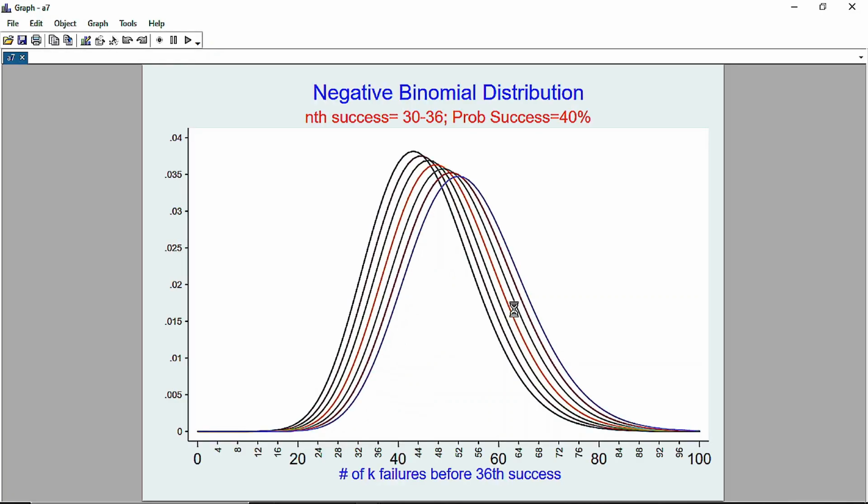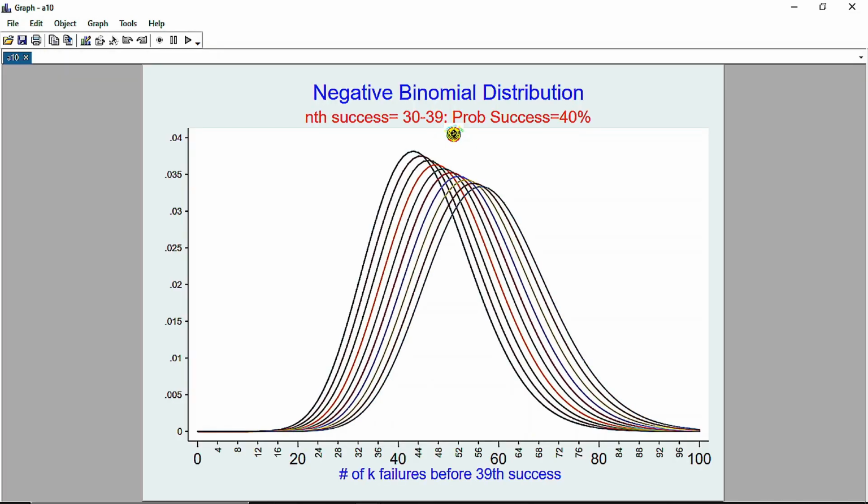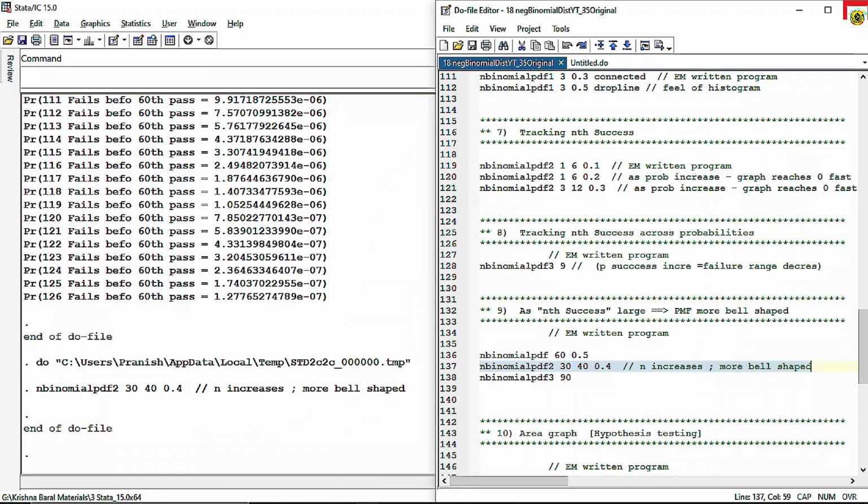We have seen it in the earlier graph, the nth success is 38, the nth success is 39, the nth success is 40. So the nth success began from 30 all the way to 40, and as the nth success increases, the graph is more of a bell-shaped curve.